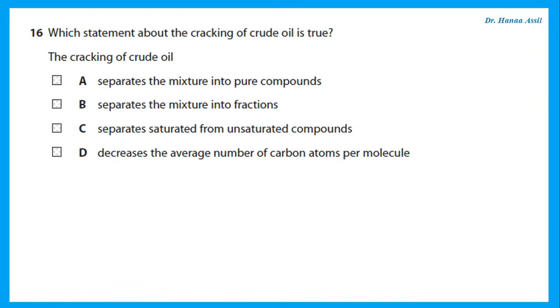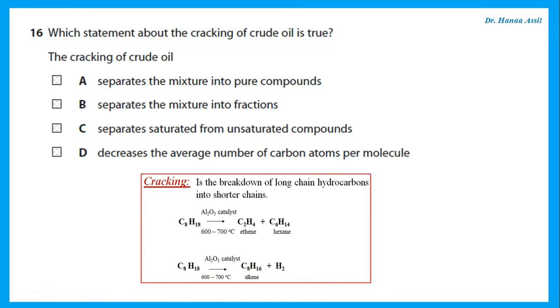Which statement about the cracking of crude oil is true? Cracking of crude oil, when we do cracking, what is cracking? It's the breakdown of long chain hydrocarbons into shorter chains using catalysts like aluminum oxide and a high temperature, 600 to 700 degrees Celsius. So which of these is correct?